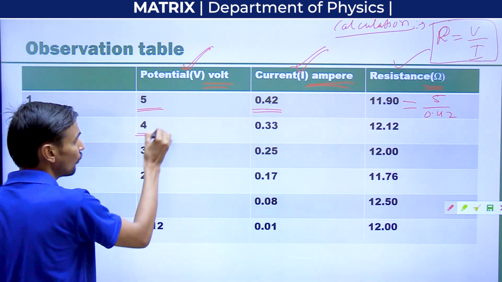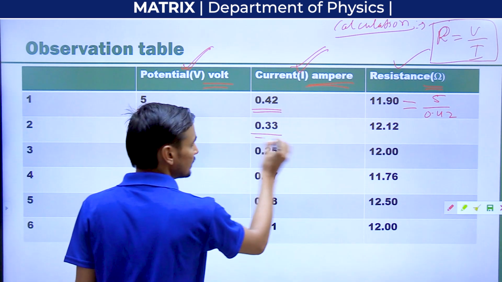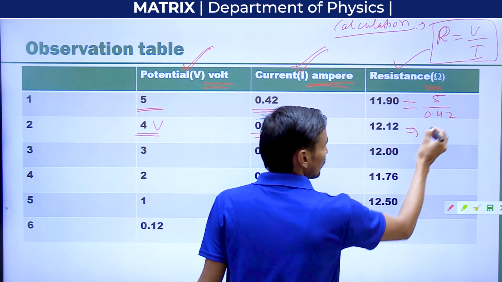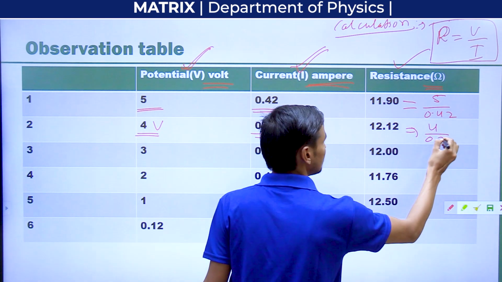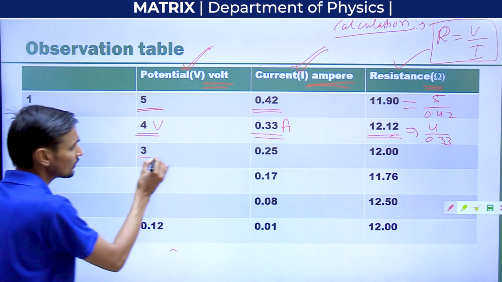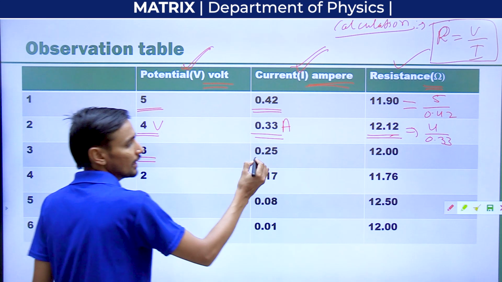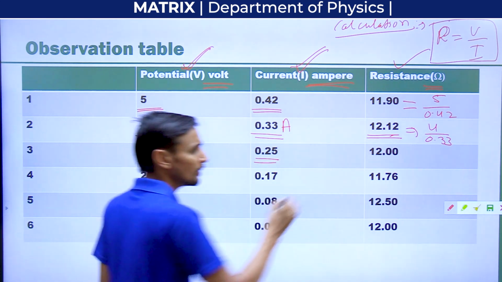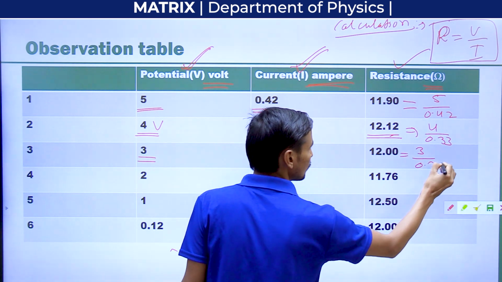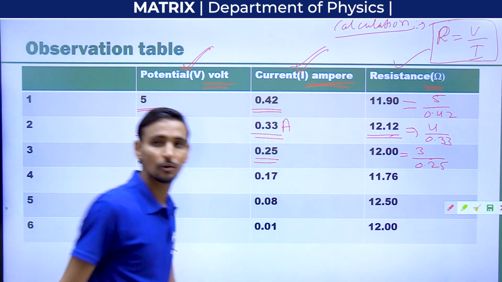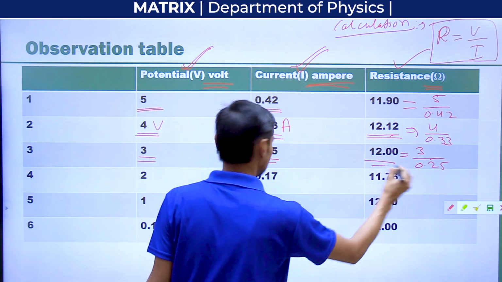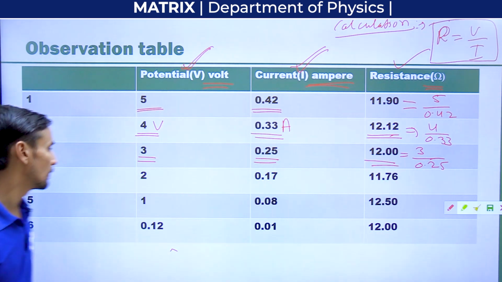When the potential is 4 volt and the current is 0.33 ampere, it comes out 4 divided by 0.33, which is 12.12. When the potential is 3 volt and the current is 0.25 ampere, 3 divided by 0.25 gives a resistance of 12 ohm.